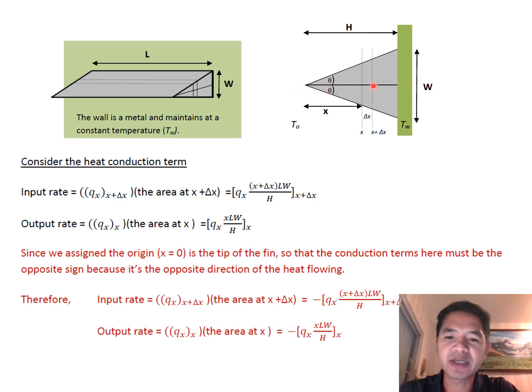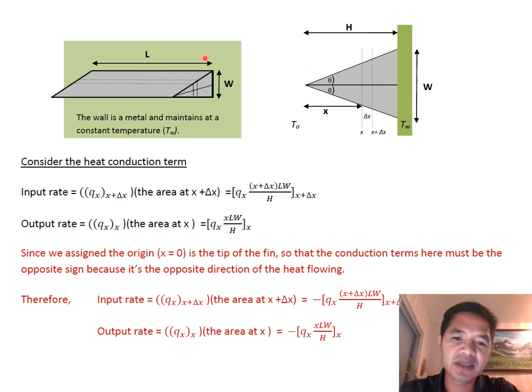The output is at x, after flowing in at x plus delta x. So you have to formulate the area at the two cross sections, at x plus delta x and at x.